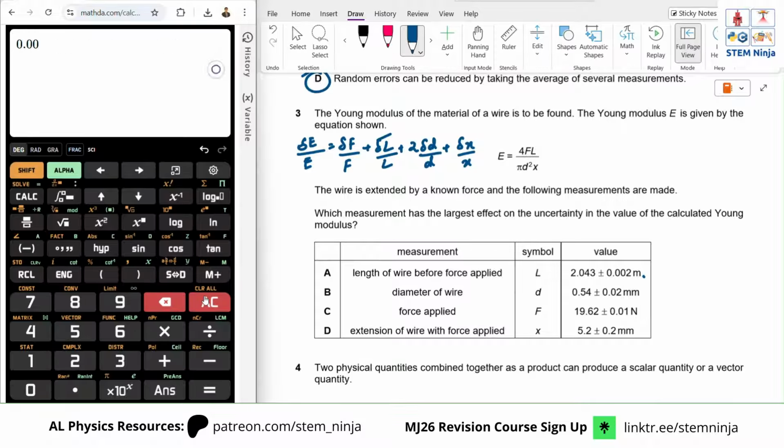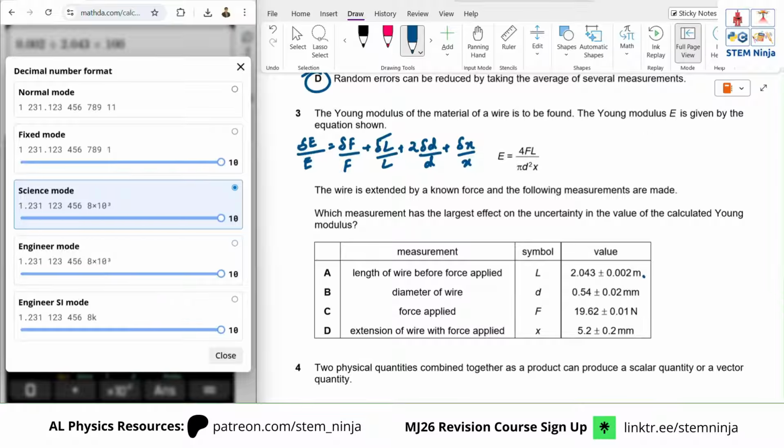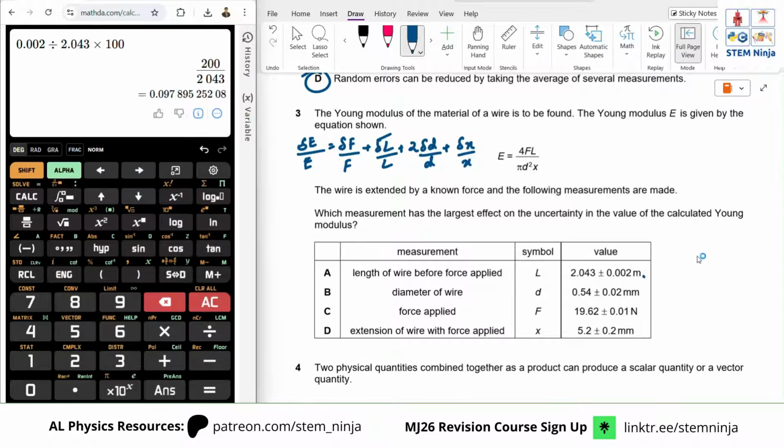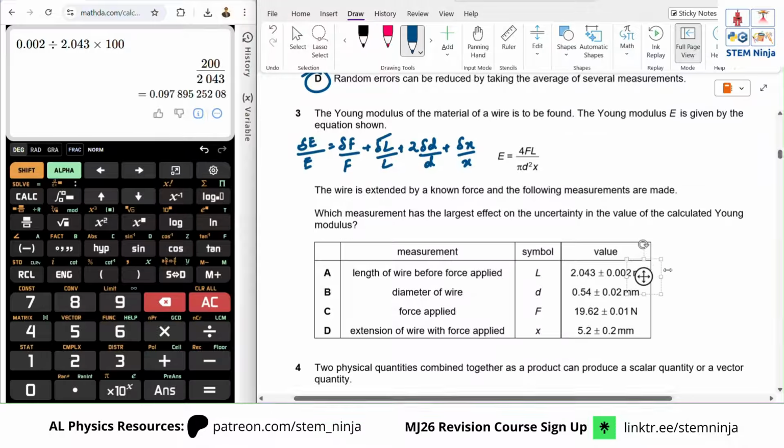So 0.002 divided by 2.043, times by 100. Let's do it in percent style. So this is 0.097, a very small amount.